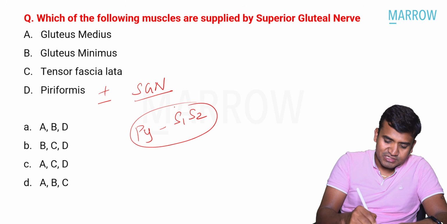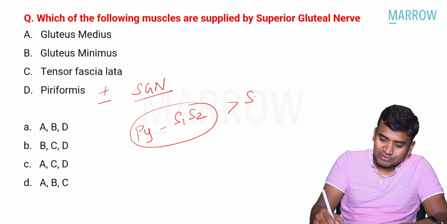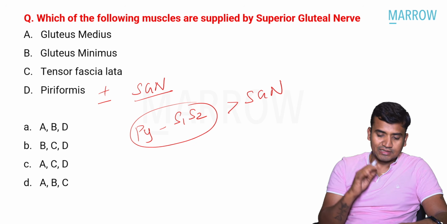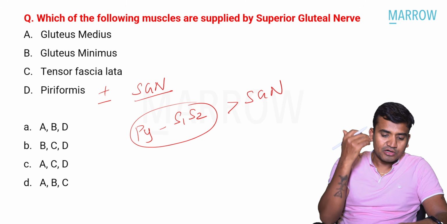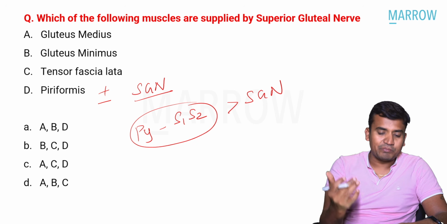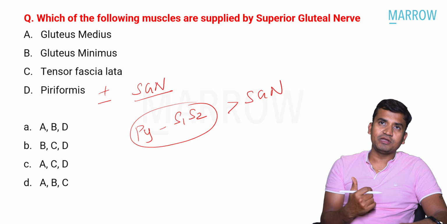Piriformis nerve supply means, please remember, S1, S2 greater than superior gluteal nerve. So remember gluteus medius, minimus and tensor fasciae latae, and the piriformis muscle as a plus or minus option.